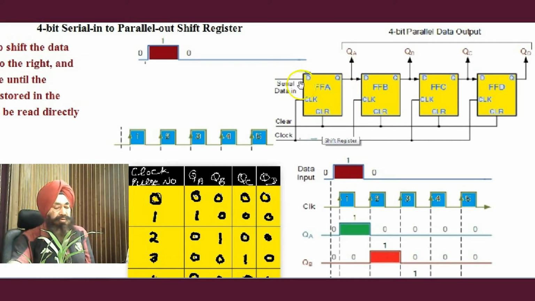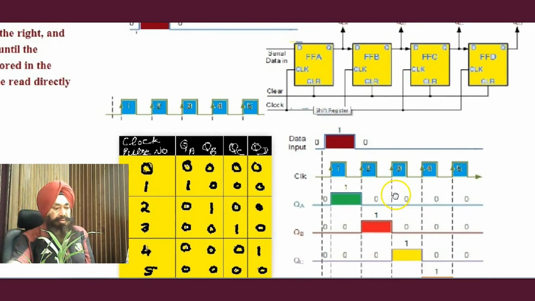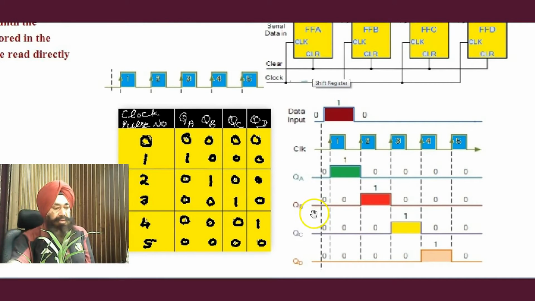So this output becomes 1, 0, 0, 0. So QA is 1, then QB is 0, QC 0, QD 0.